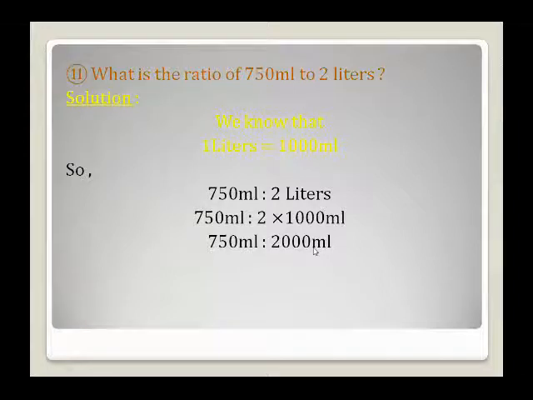Then after simplification we get 75 ratio 200. Further simplification gives 15 ratio 40. Then after more simplification we get 3 ratio 8. This simplification is possible by the same table. Now this is the final answer, which is 3 ratio 8.